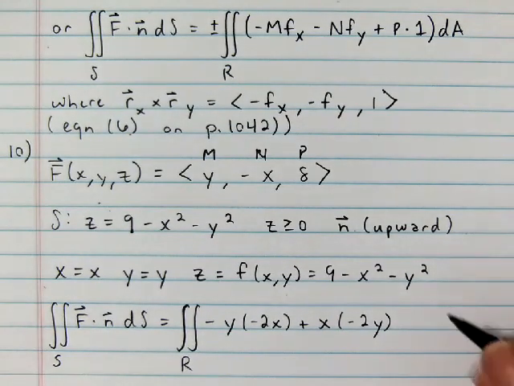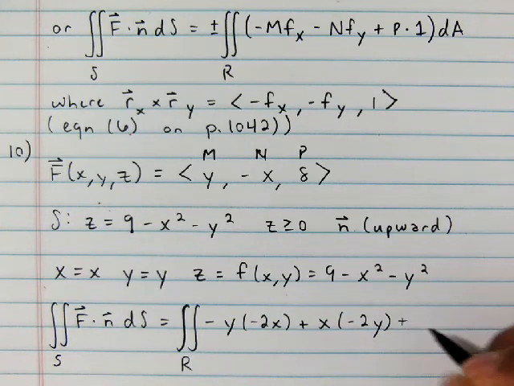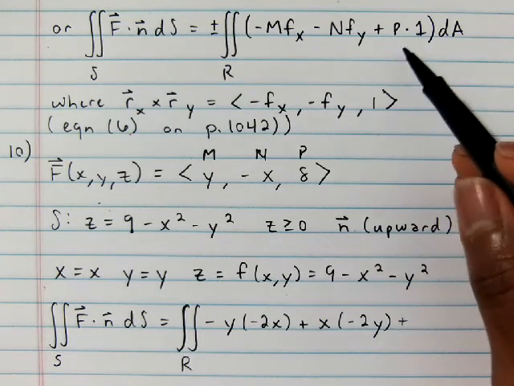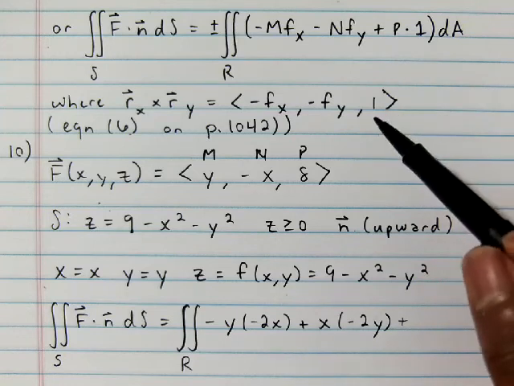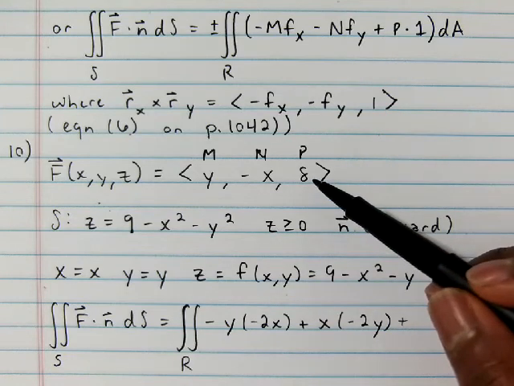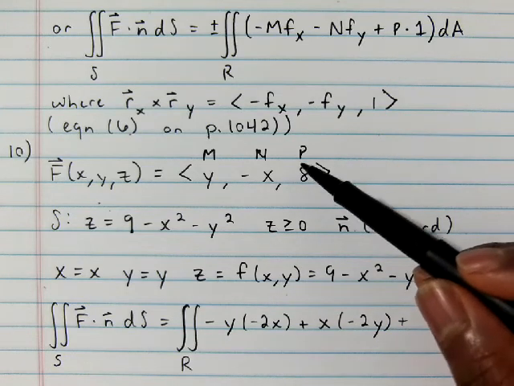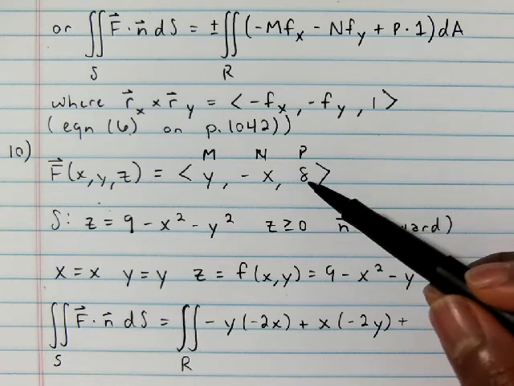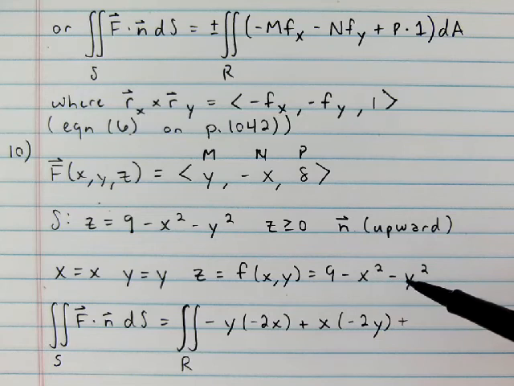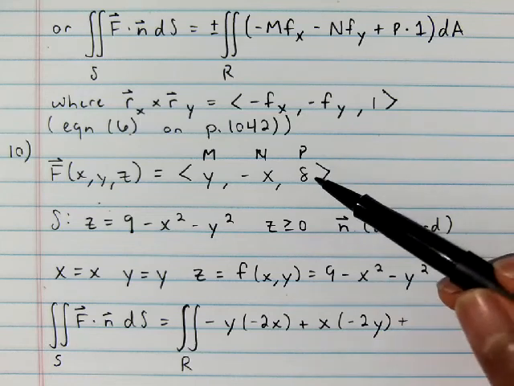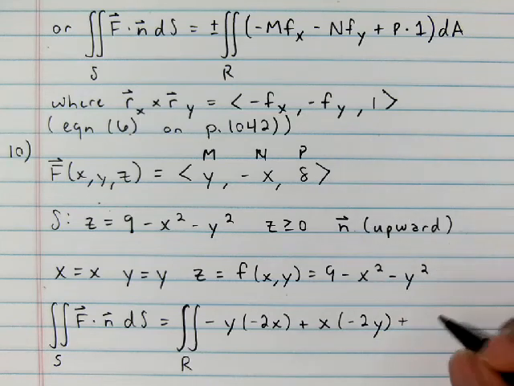Then lastly, plus P times 1, and we would take our parameterization and plug it into whatever we had for P here. x equals x, y equals y, and z equals this. But our P is constant, so it's just 8 times 1, so 8, and then dA.